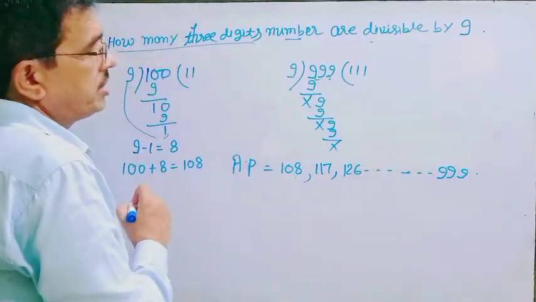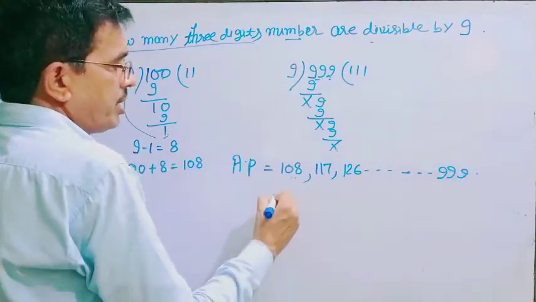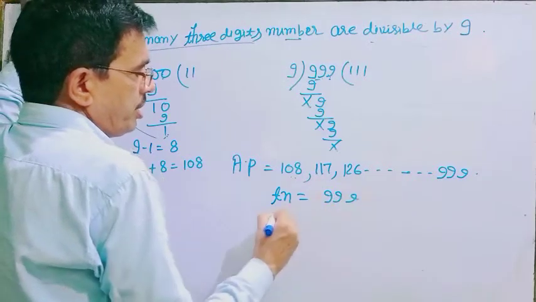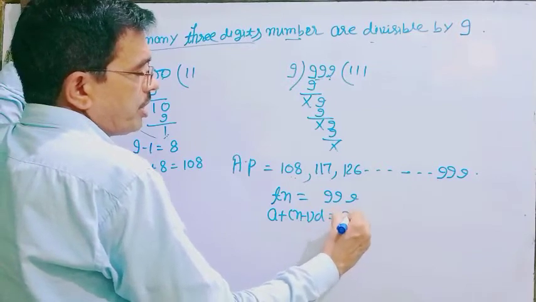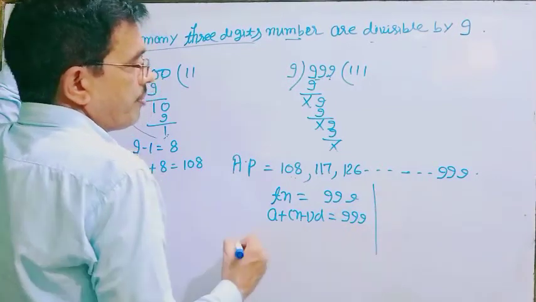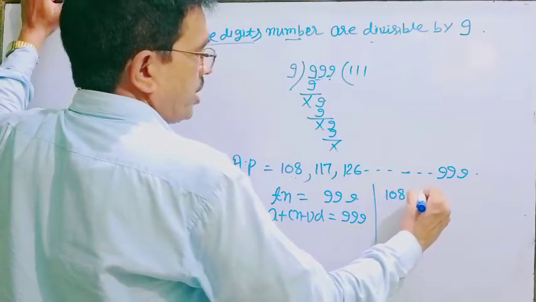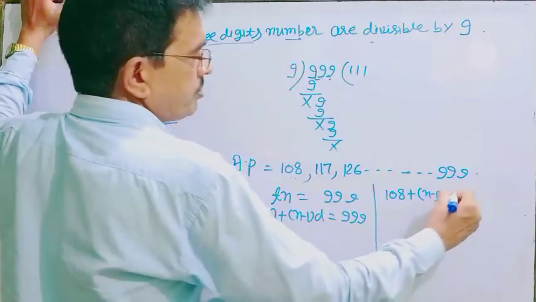Now your question is: what is the number of terms n? You write Tn is equal to 999, then a plus (n minus 1) into d is equal to 999. What is a? a is 108, plus (n minus 1) into d.